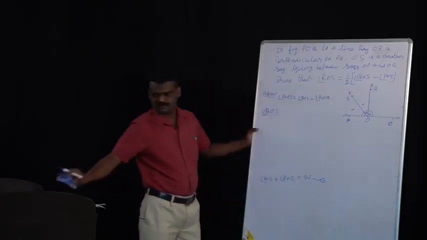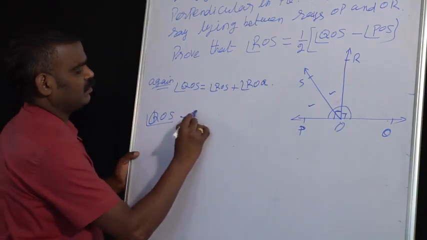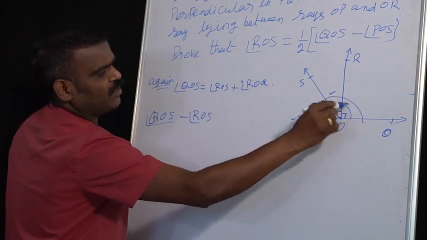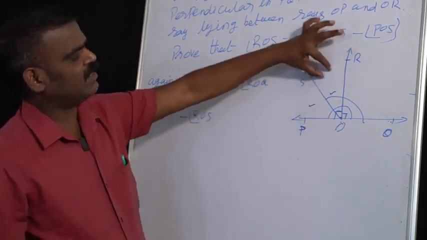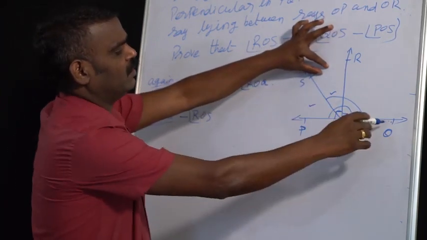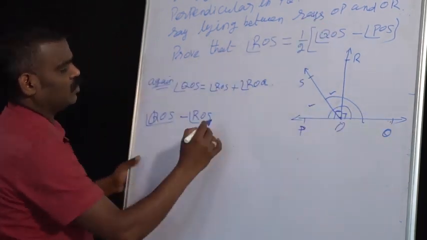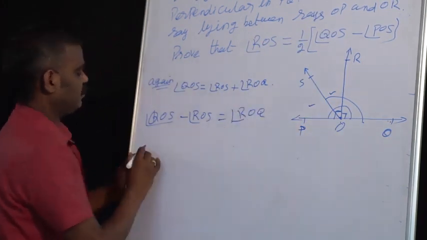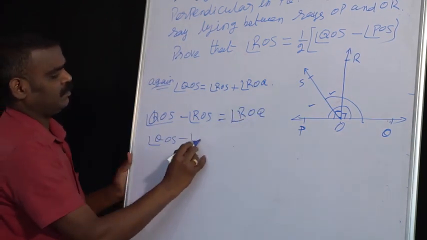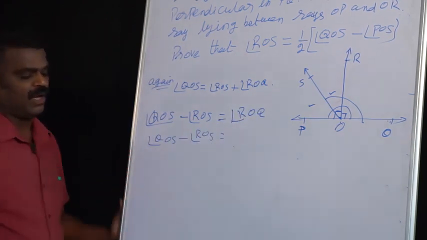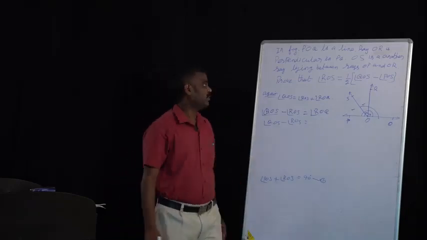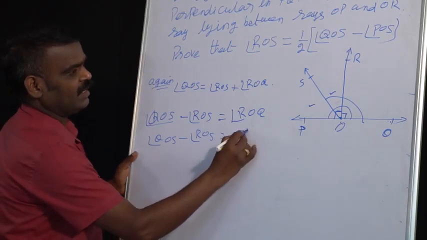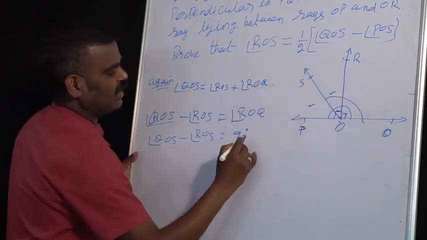ROS. Angle QOS is the full angle; from the full angle if you minus this portion, what will you get? Angle ROQ. But ROQ we already learned how many degrees? Look at your notebook. ROQ is 90 degrees.